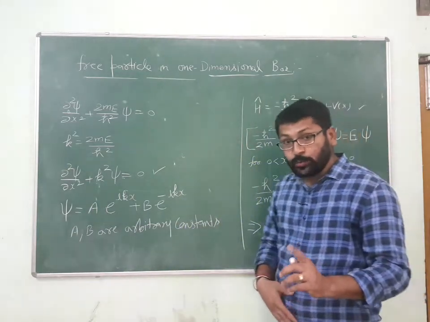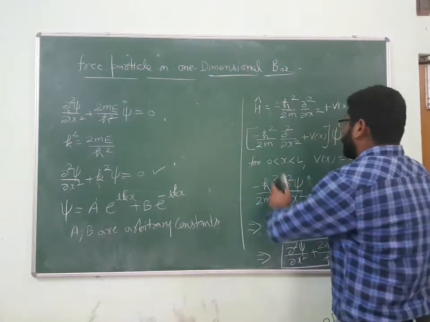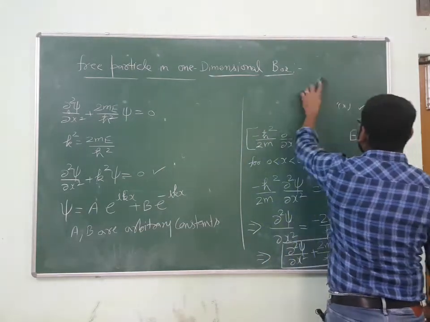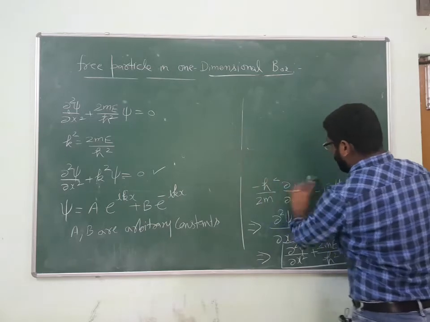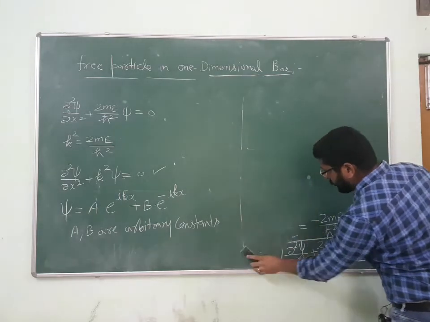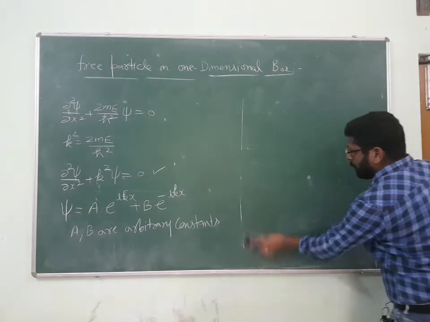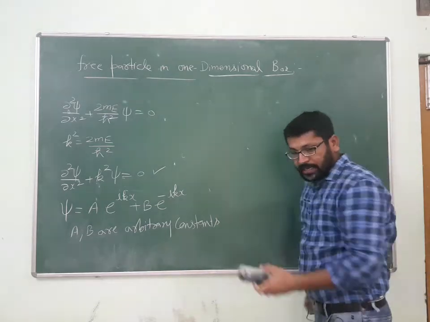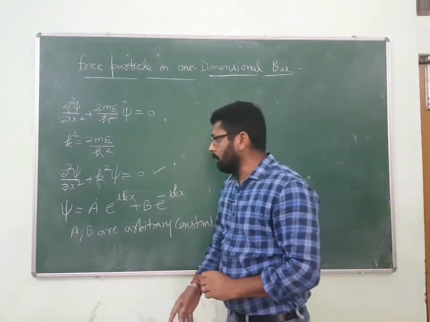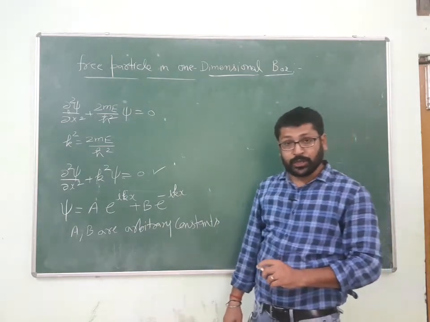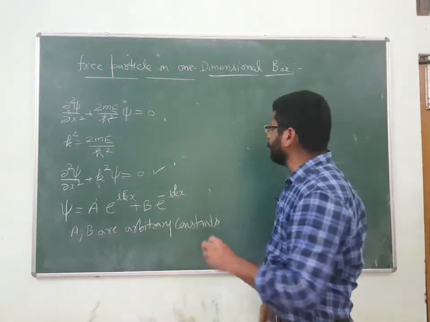The wave function has to be continuous, it has to be single valued, and also it has to be square integrable. If any function obeys all these conditions, only then can we call a solution a wave function.